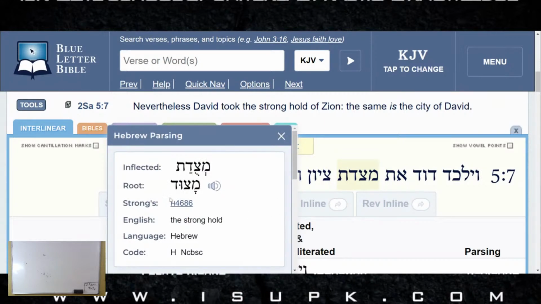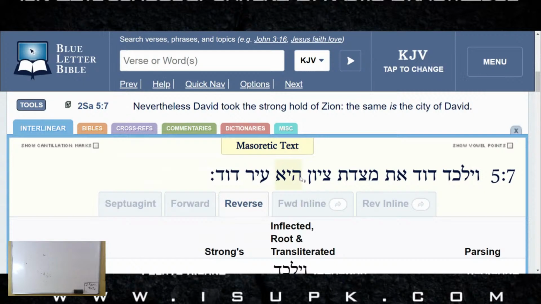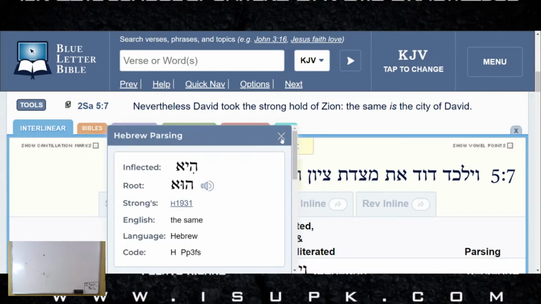Matazad is thought, because they put the thought right there. The stronghold of Zion, to Zion, right?